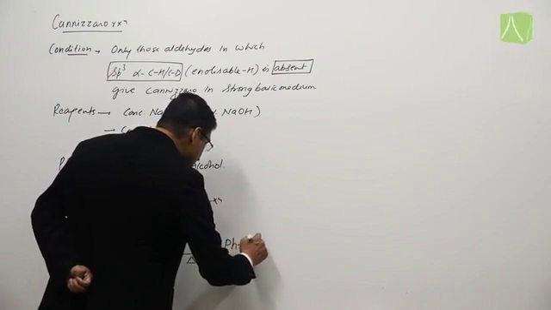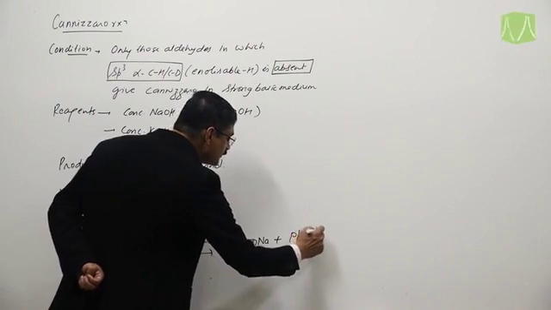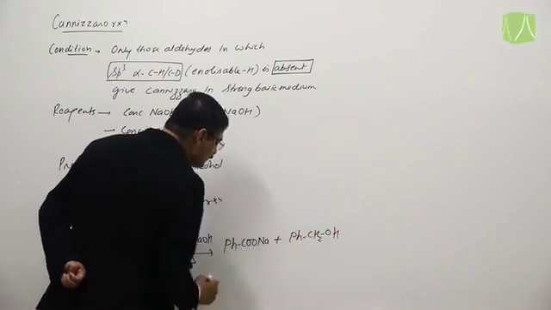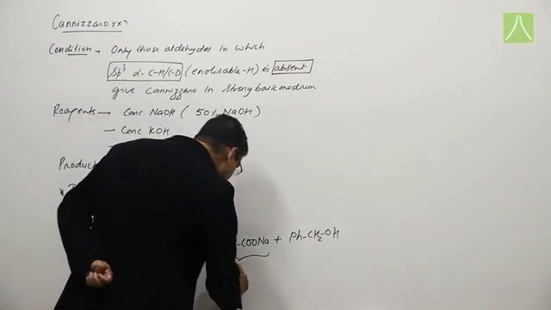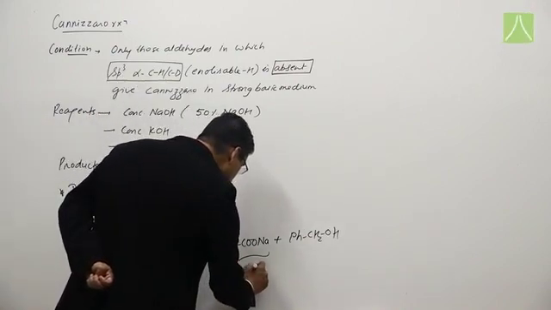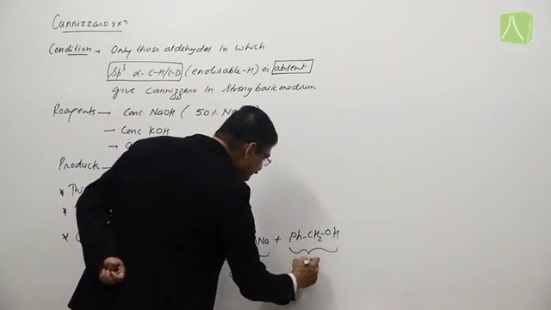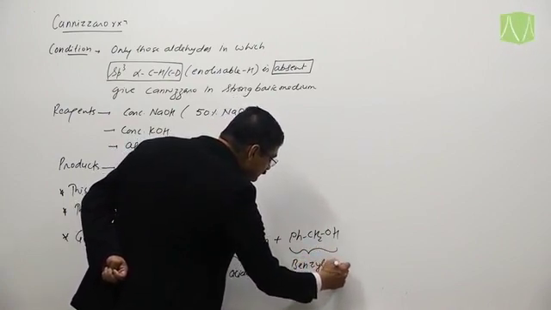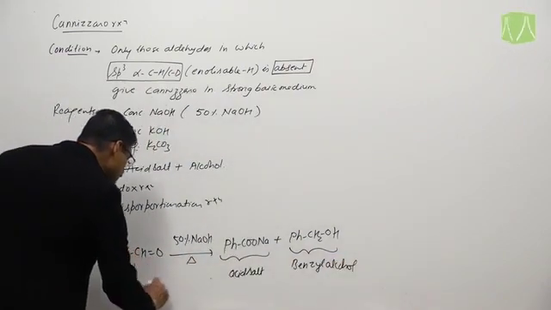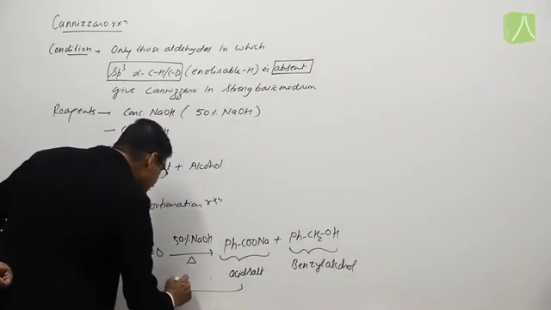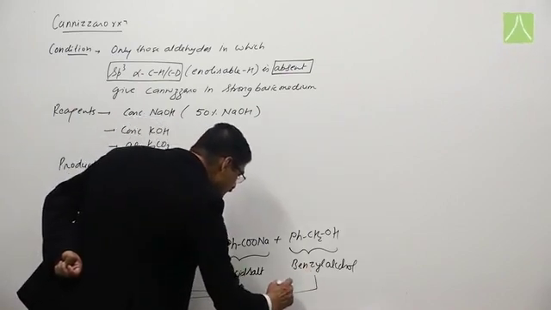One molecule is oxidized into acid and one molecule is reduced into alcohol. So one product is benzoic acid and one is benzyl alcohol. So one molecule is oxidized and another molecule is reduced.